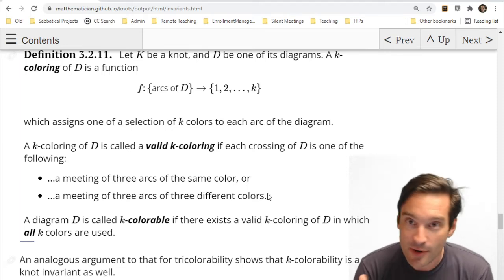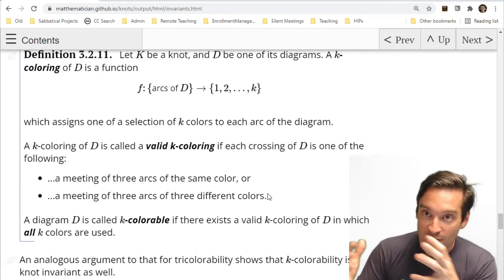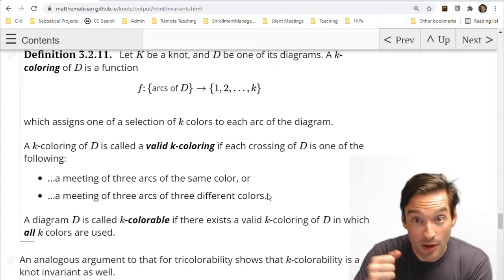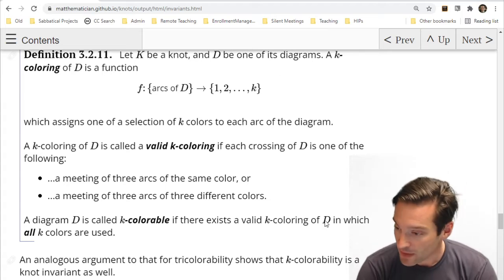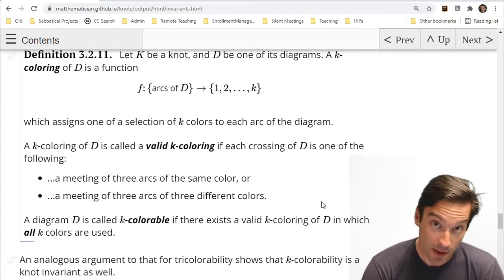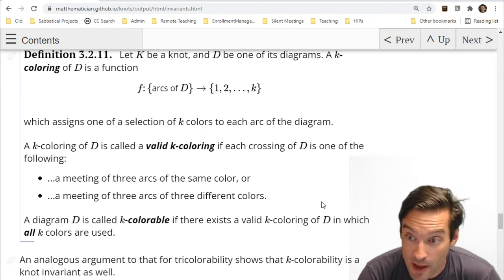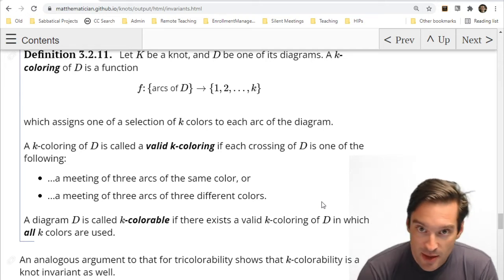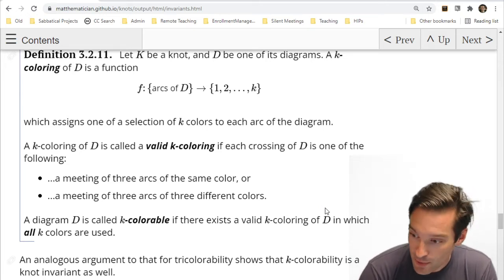So our validity criteria remain the same, even when we have more crayons to work with to color in the arcs of our diagram. We can show that K colorability, like tricolorability, is also a knot invariant. And so this is the thing that we want to figure out how to make into an algebra question.